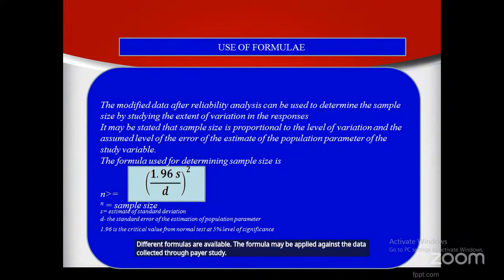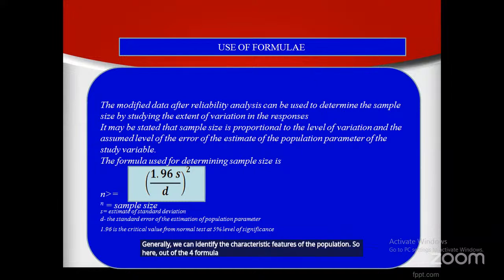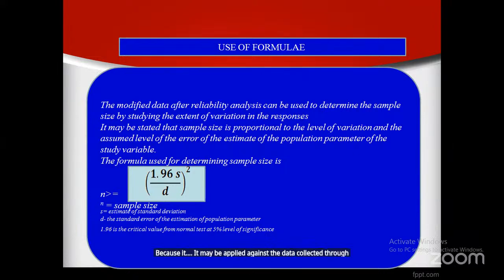Then only can we identify the characteristic features of the population. So, out of the four formulas I have explained, this is the most important formula for the fixation of sample size because it may be applied against the data collected through the pilot study. It reveals the characteristic features of the population from where we draw the sample.